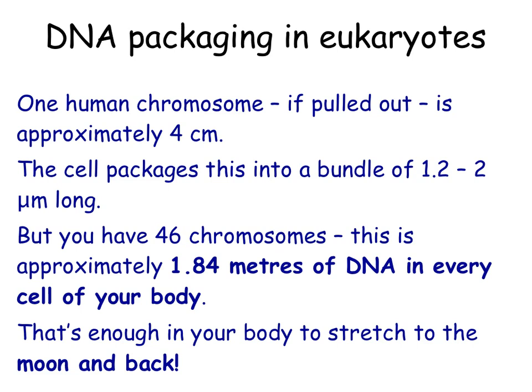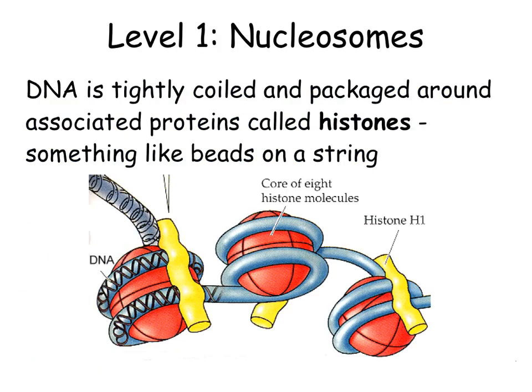So how does the cell manage to package that 1.8 metres of DNA into this tiny nucleus? Well, what happens is the DNA is tightly coiled and packaged around associated proteins, which are called histones. So if we have a look here, here's our string of DNA, and it is wrapped around these histone proteins.